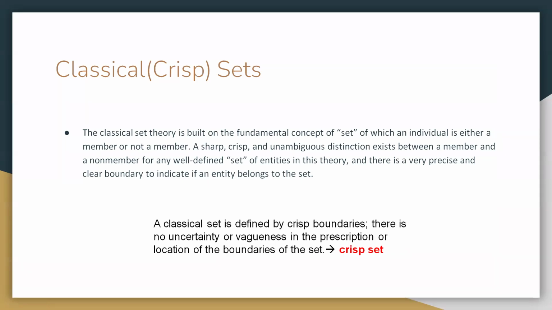So a classical set is defined by crisp boundaries, and there is no uncertainty or vagueness in the prescription or the location of the boundaries of the set. Hence, a classical set is also known as a crisp set. What we are going to learn is a fuzzy set, which is the opposite of what we are learning here.